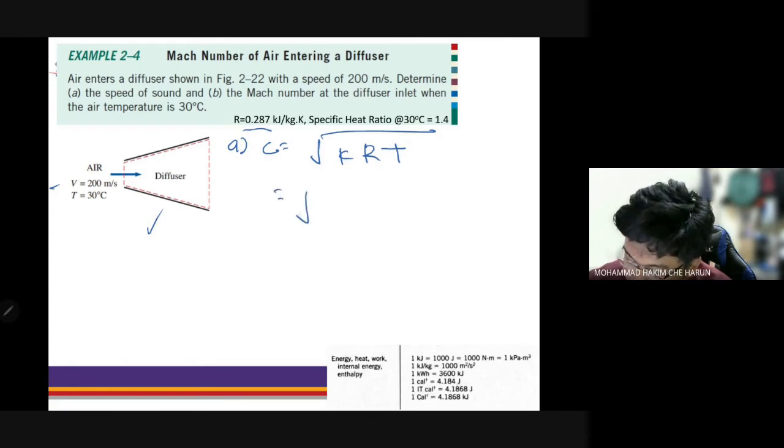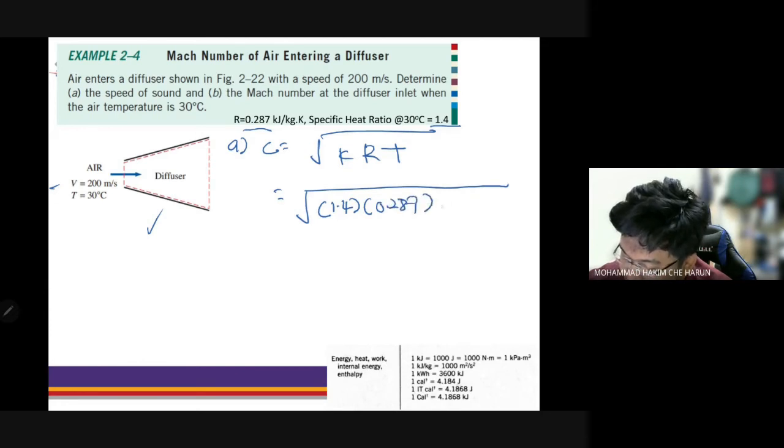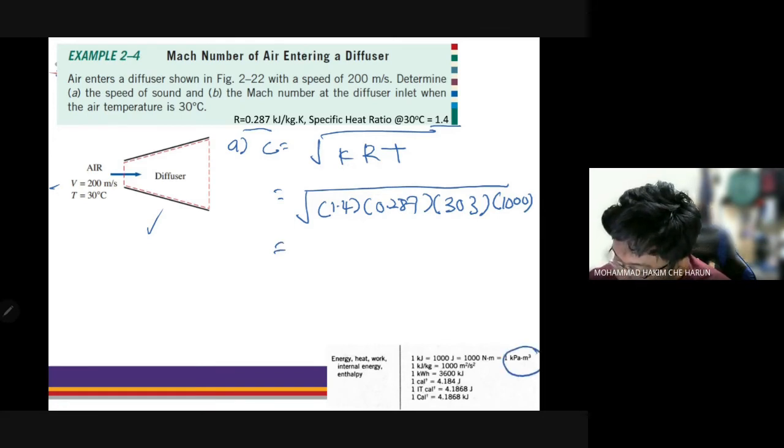So we can directly, T is given as 30C, the K specific heat ratio is 1.4. Quite straightforward. 1.4 times 0.287. Okay, times with the 273 plus 30, which is 303 in Kelvin. Bear in mind about the unit, you have to times with the 1000. You have to bear in mind about changing the kilopascal per meter cube into the meter per second. So you got here 349 meter per second.